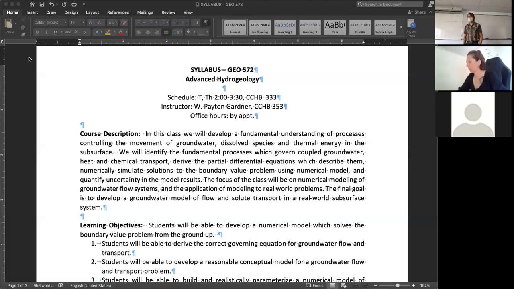I'm going to give a hint to start, and that is conservation of mass is our base, and also that we always start these derivations with a box.